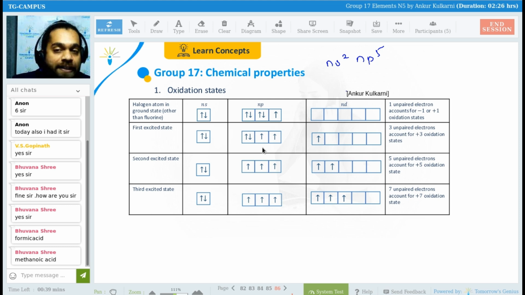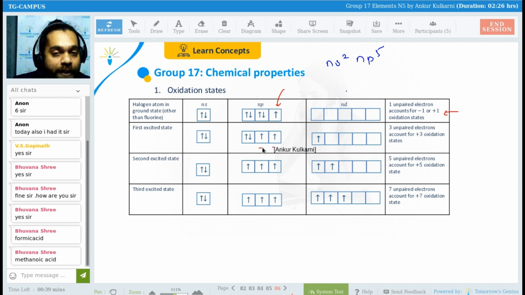Now, ns2 np5 nd, this is the VBT I have drawn. What are the possible oxidation states? Look over here. One unpaired electron. It can take an electron and make a bond, or give away the electron and form a bond. That's why -1 or +1 is a possibility.